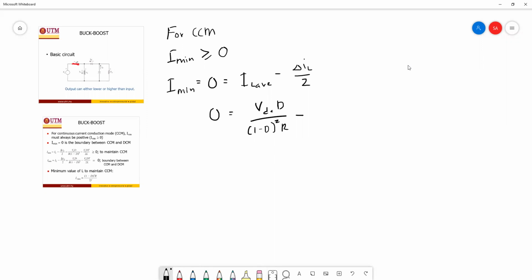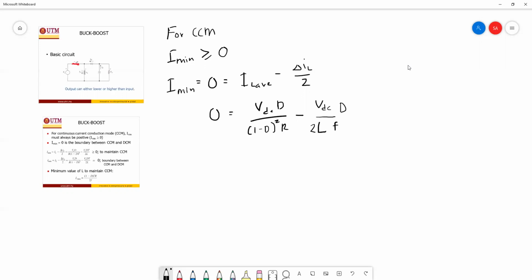For this example, for simplicity and for synchronization with the slide, we use delta IL during turn on. During turn on, my delta IL is VDC over L times D T. T is actually 1 over F, so I can just put F here.